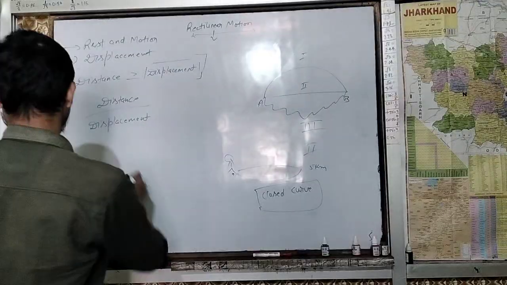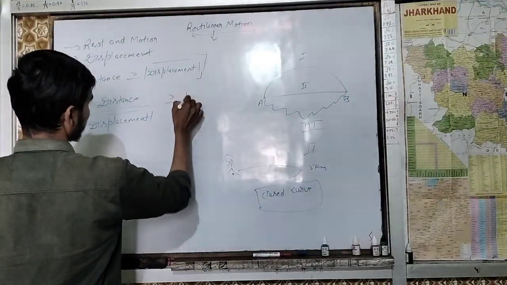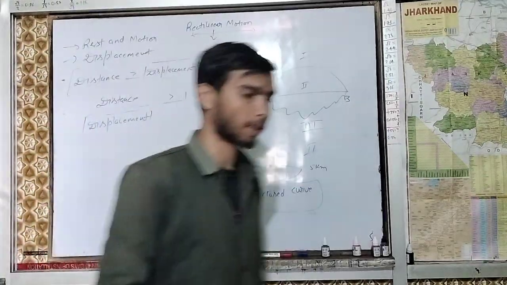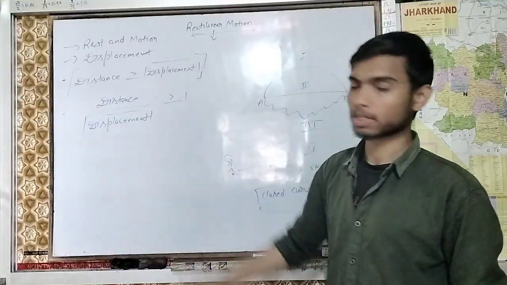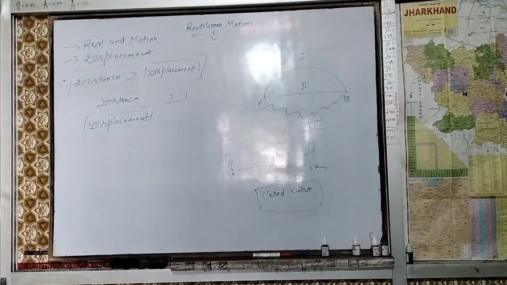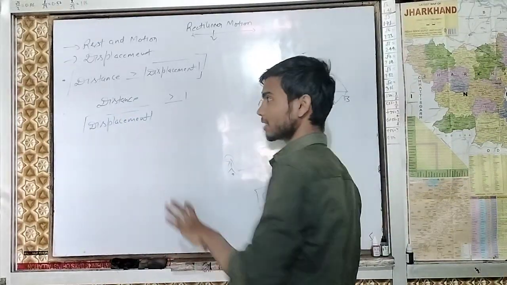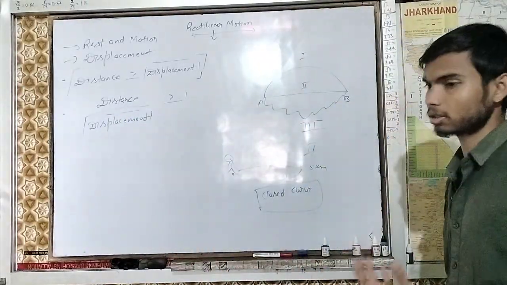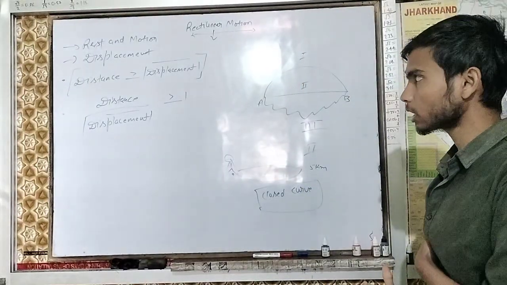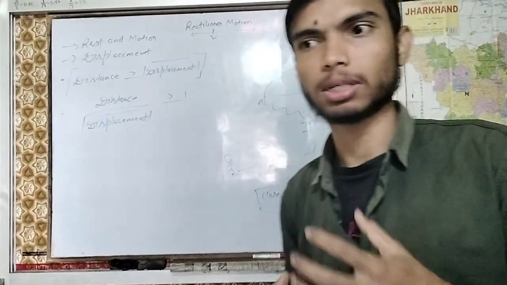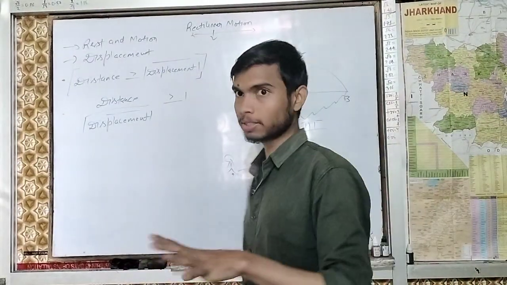Okay, so this is the mode of displacement. Now look at this part. It is distance upon displacement. You know from the basic classes, if the denominator is more and the numerator is less, what happens?